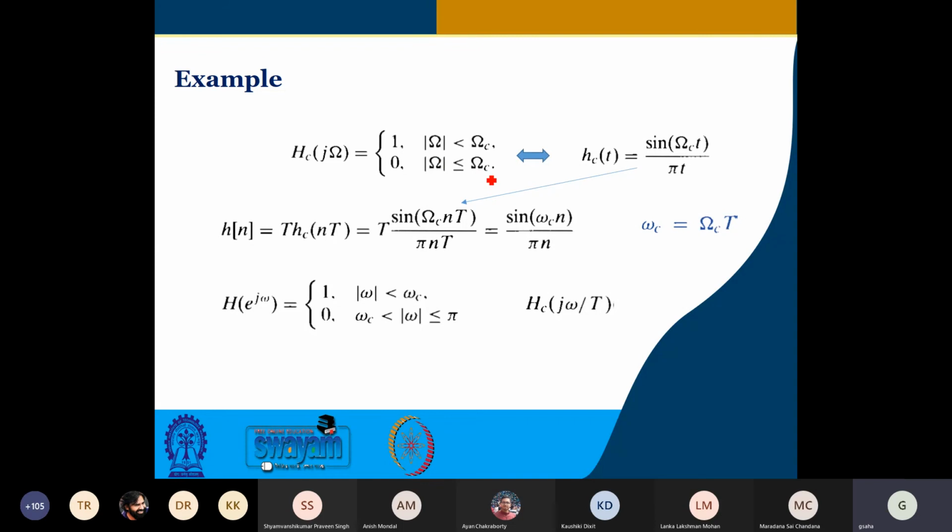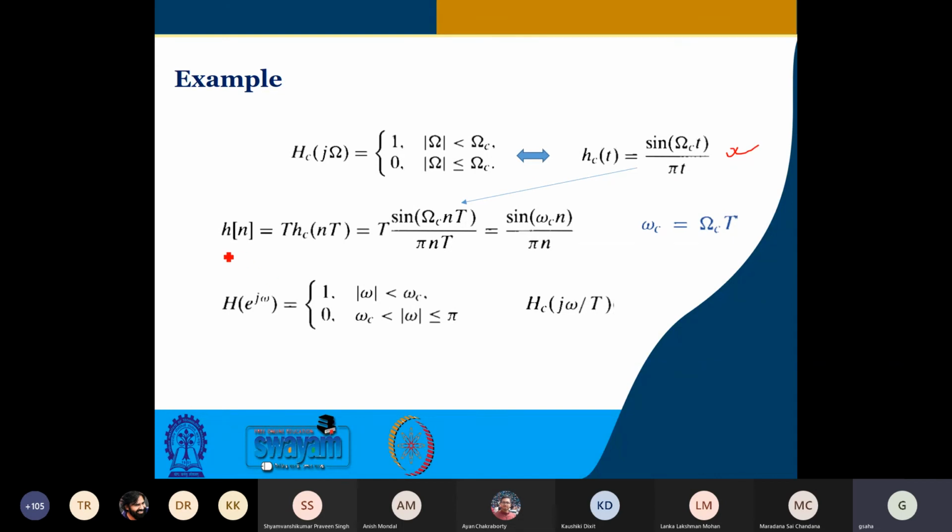Anything beyond capital Omega_c, capital Omega being the analog frequency, is 0, attenuated fully, and otherwise the signal is passed as it is. Now, if you do its inverse Fourier transform, this we have been doing for quite some time now, for these low pass filter types, then you'll get h_c(t) like this.